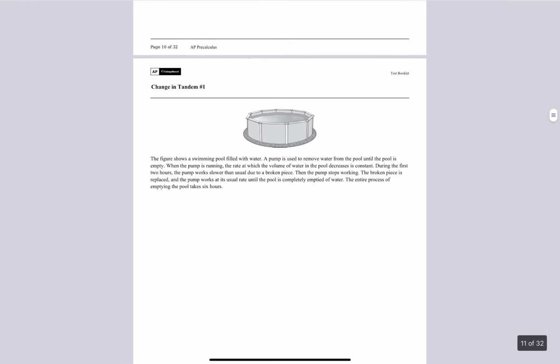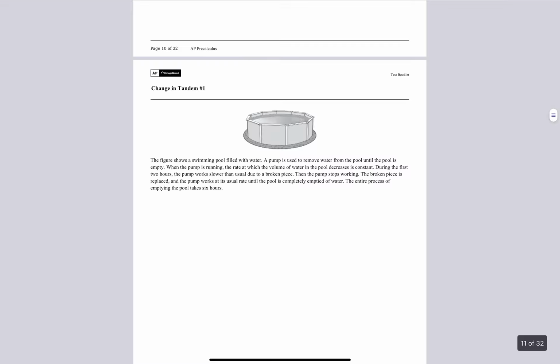Okay, moving on. Question number 10. The graph shows a swimming pool filled with water. A pump is used to remove water from the pool until the pool is empty. When the pump is running, the rate at which the volume of water in the pool decreases is constant, which basically means we're dealing with a straight line.